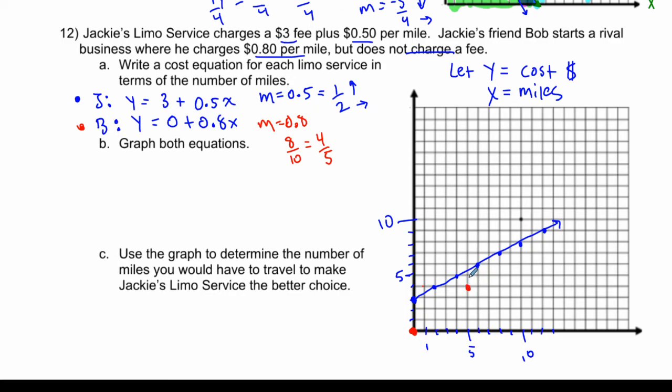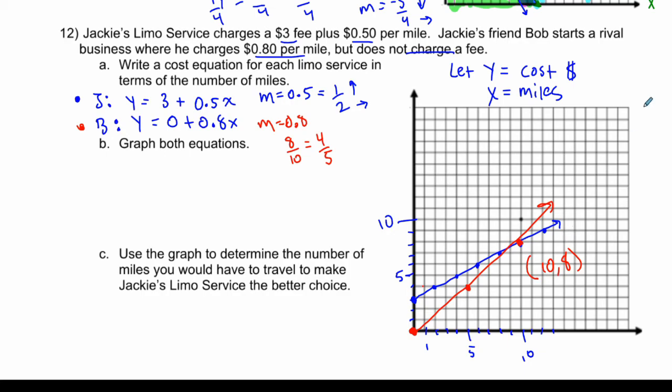Up 4 more, 1, 2, 3, 4. Right 5. Oh, there's our intersection point. Okay, so it looks like they intersect at the point 10, 8.